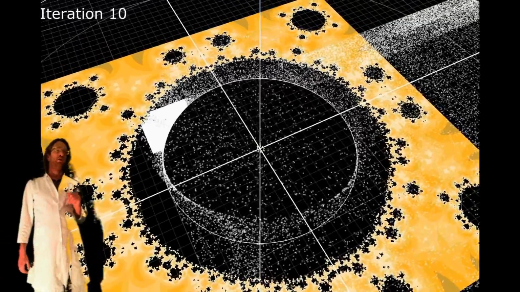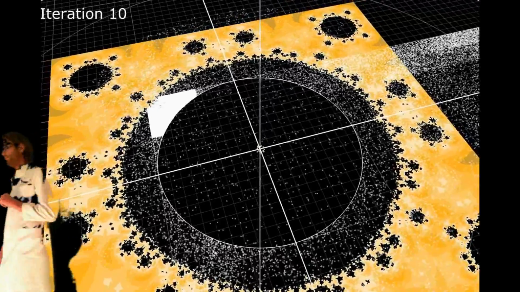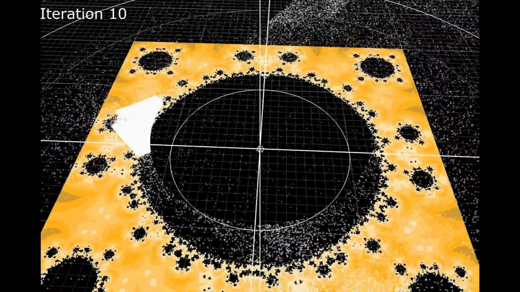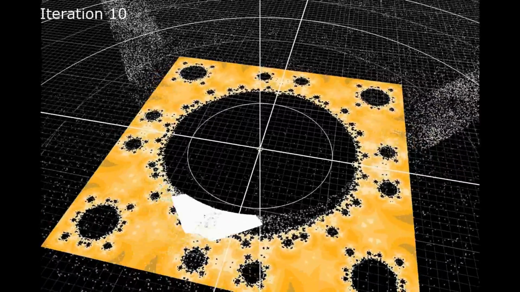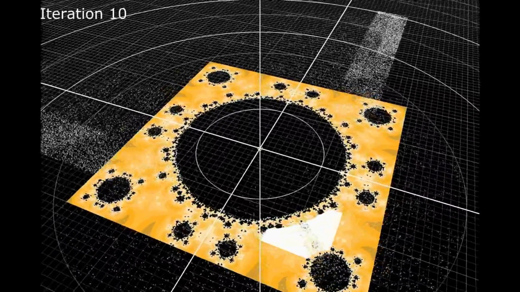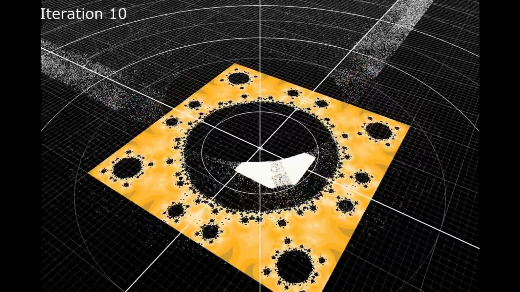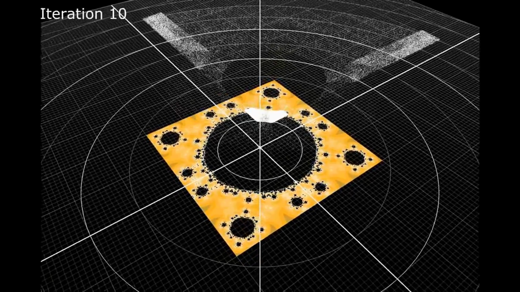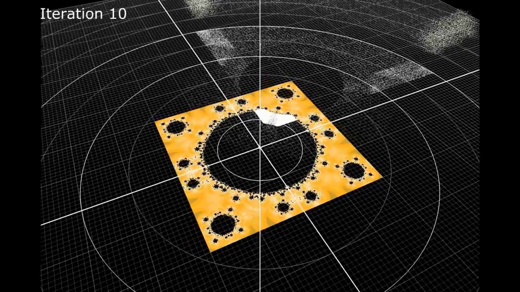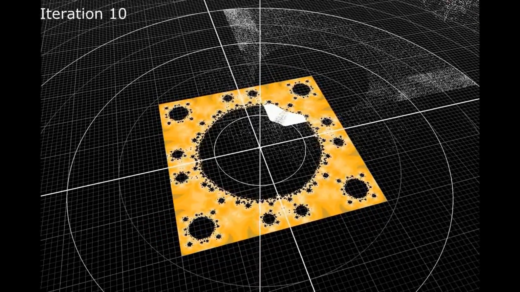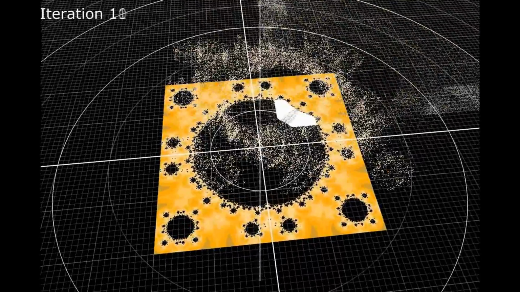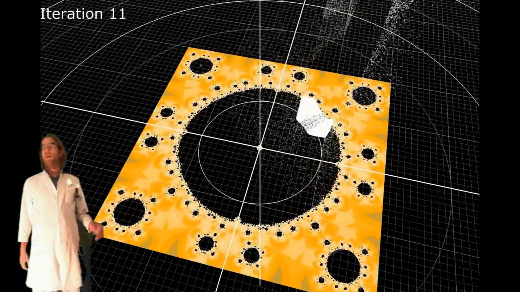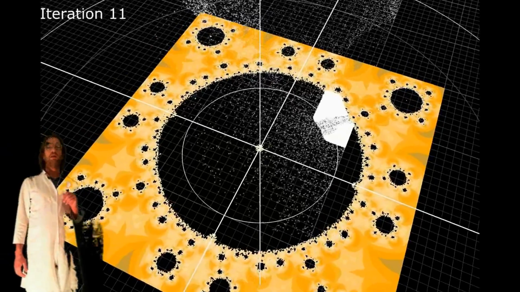And the circle inversion is performed again. The folding operation on both axes.